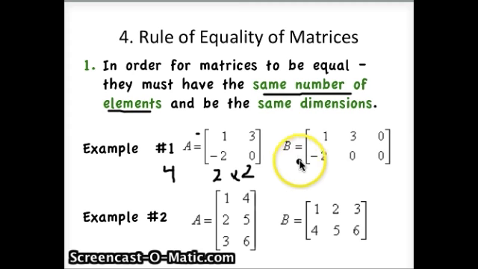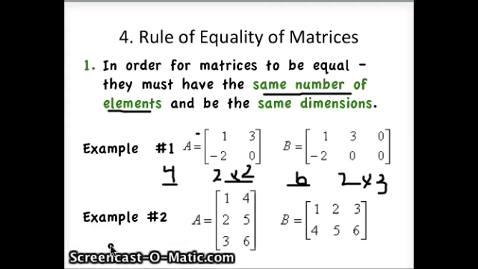Matrix B has 1, 2, 3, 4, 5, 6 entries or elements, and it's 2 rows by 3 columns, so 2 by 3. So we know that these matrices cannot be equal because not only do they not have the same number of elements or entries, but they are not the same dimensions. So these cannot be equal.